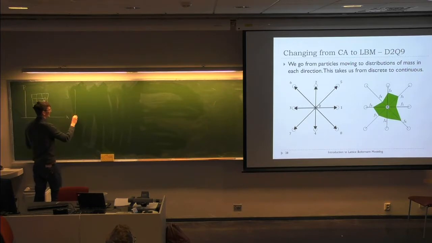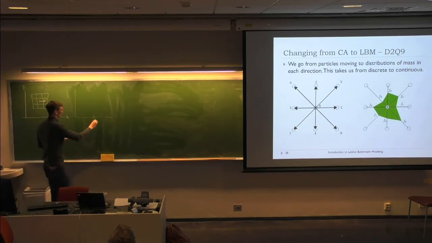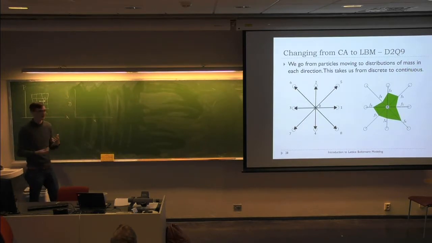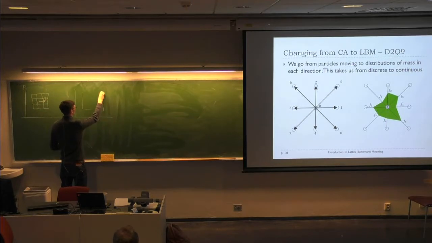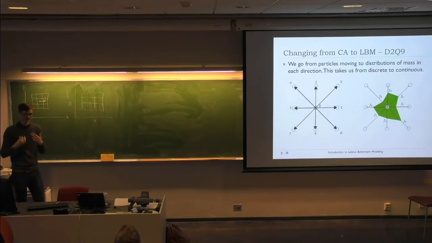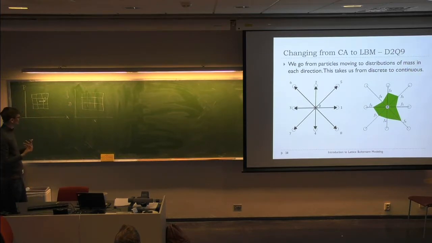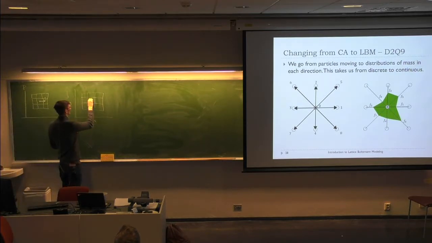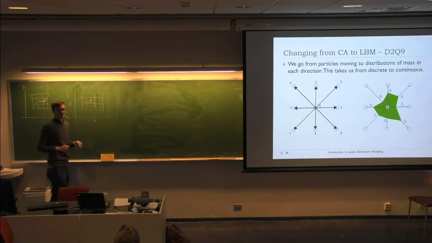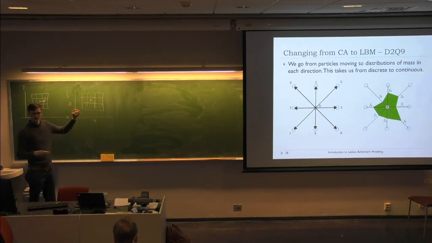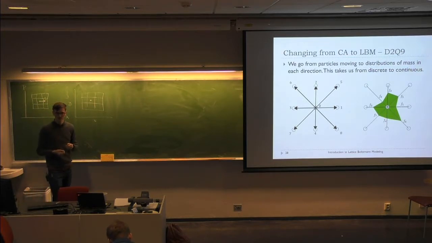Now we're going to look at actual space. So we have X and Y. We grid it up into some grid. And then we say that in that point, we have a distribution of particles moving in each direction.